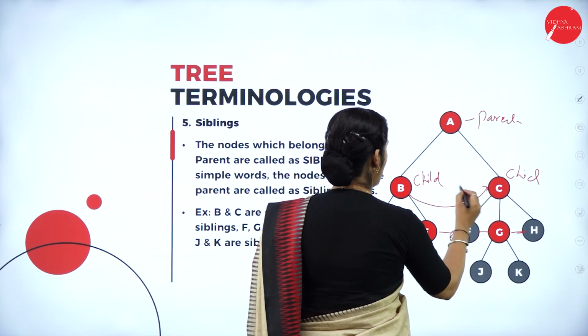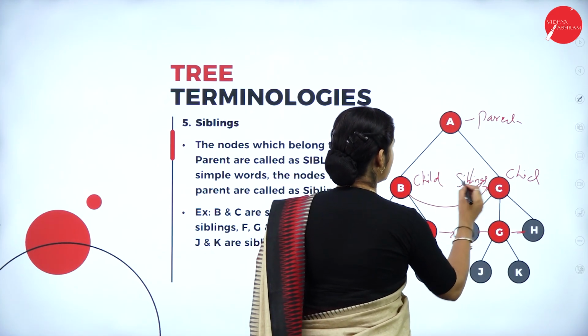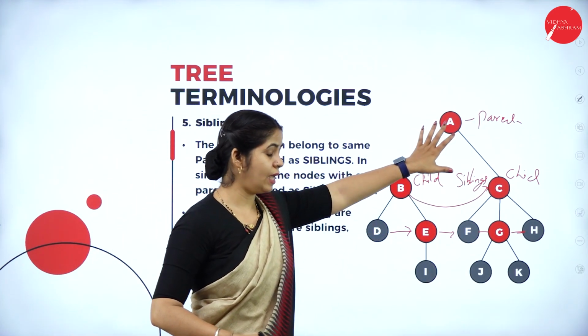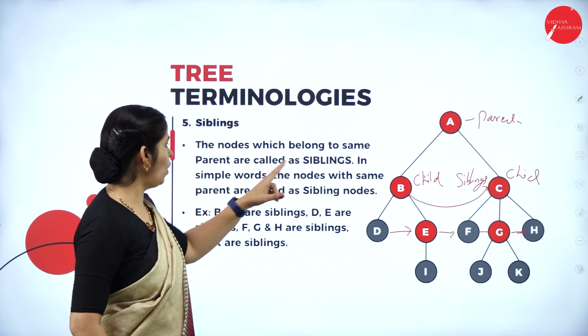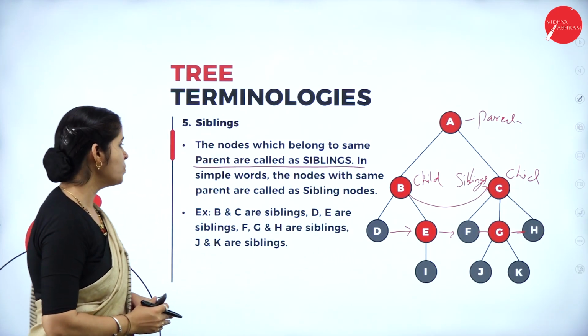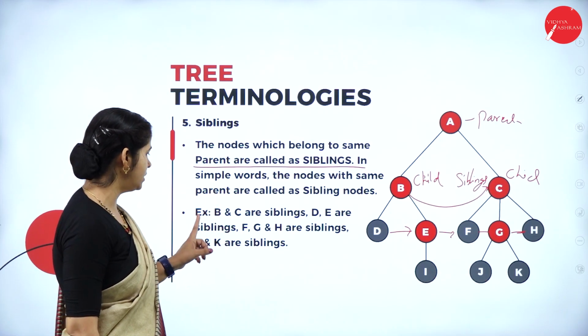B and C are siblings. Nodes that come from the same parent are called siblings. In simple words, the nodes with the same parent are called siblings.